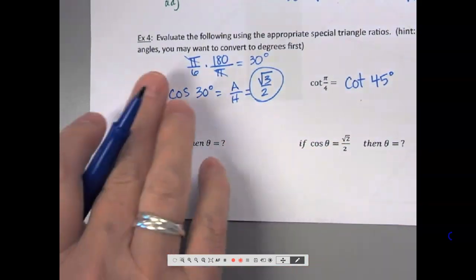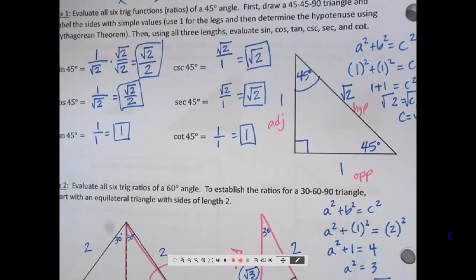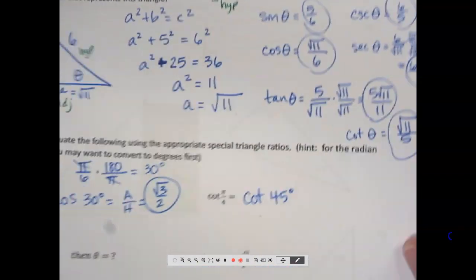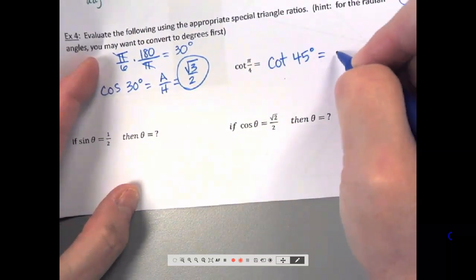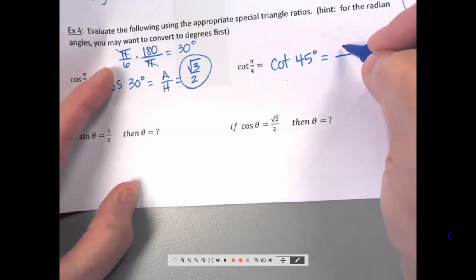Well, I have that triangle already. Flip the page. There's our 45, 45, 90 set up already. The ratio of cotangent is what over what? Well, give me adjacent, opposite, hypotenuse first. That's tangent.